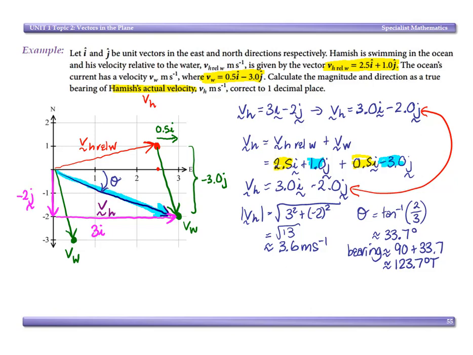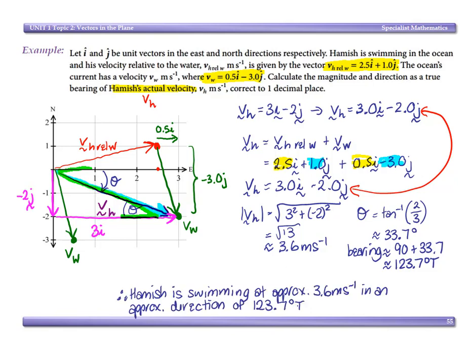Now you'll note that that's the same as that angle there because it's an alternate angle. You've got that Z. Okay, so just be careful, what is the question asking in regard to the angle? How does it want it? Finish with the therefore statement. So Hamish is swimming at approximately 3.6 meters per second -1 in an approximate direction of 123.7 degrees true.